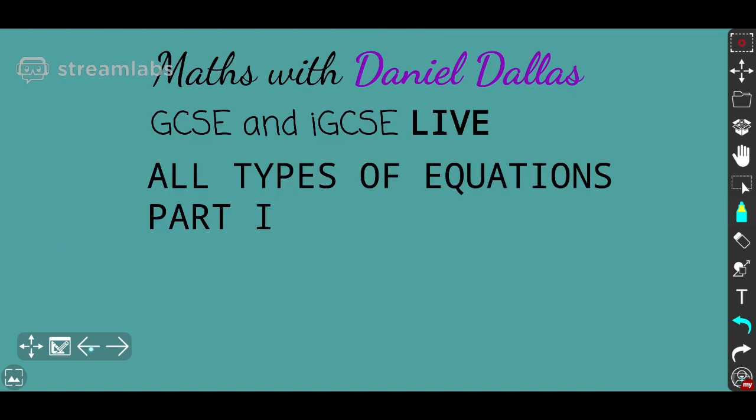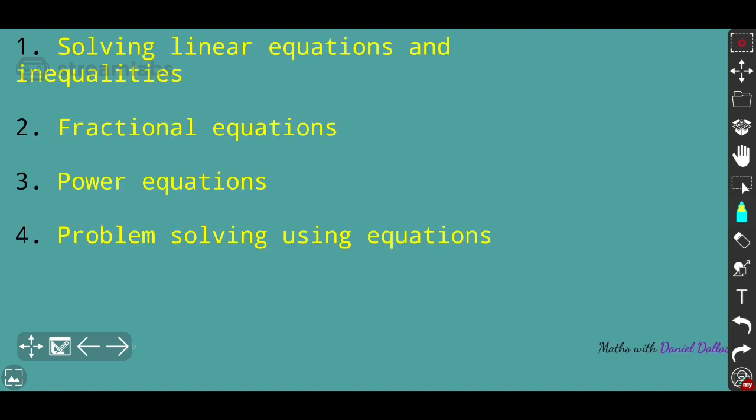This is primarily for GCSE and iGCSE, so you can consider it entry-level basics. However, we can enlarge our scope, and this is part 1. We're not going to consider quadratic equations, or power equations with power more than 2, so not quadratic, not cubic. We're just doing pretty simple basics.